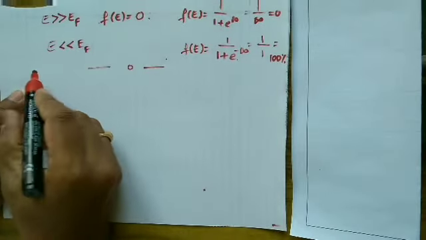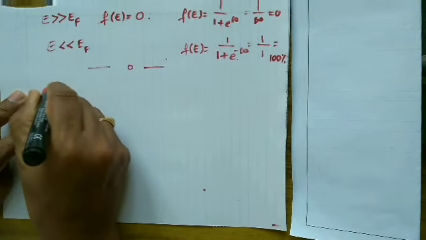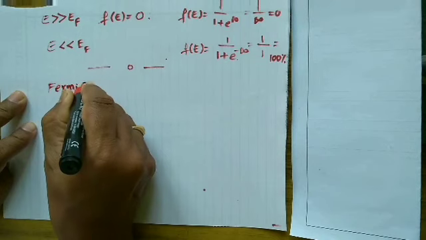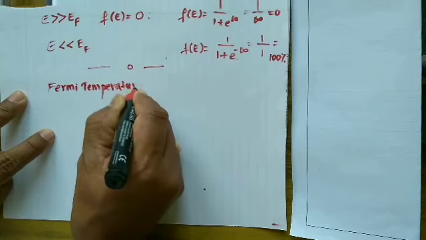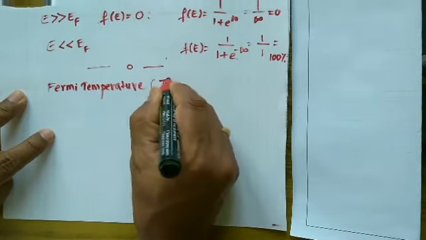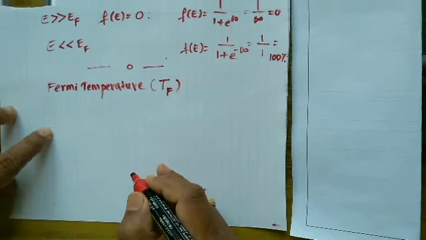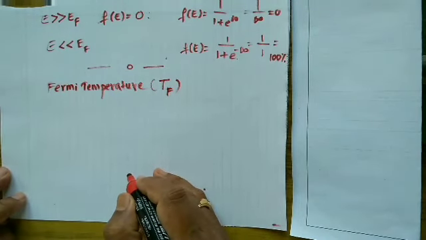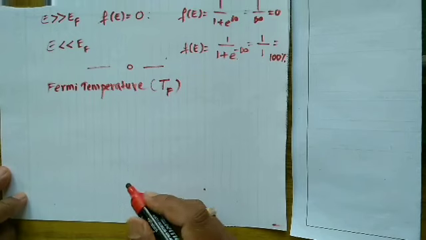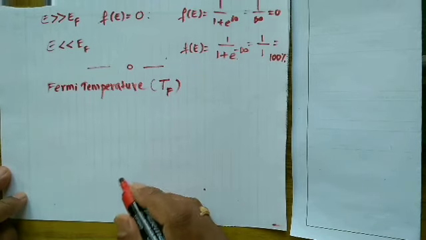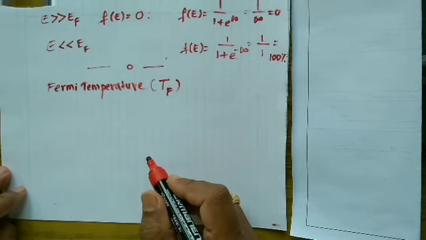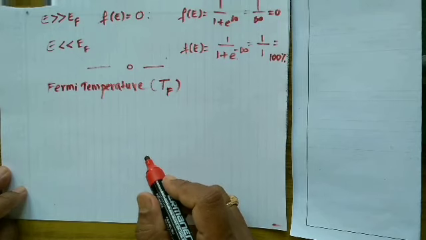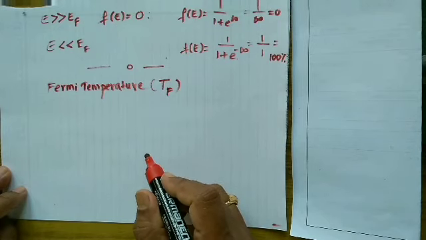Let me tell you about the Fermi temperature. It is represented with the symbol TF. This is defined as the temperature at which the average thermal energy of free electrons becomes equal to Fermi energy at 0 degree Kelvin.